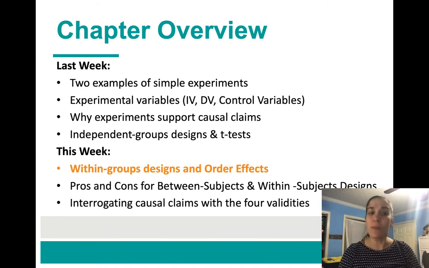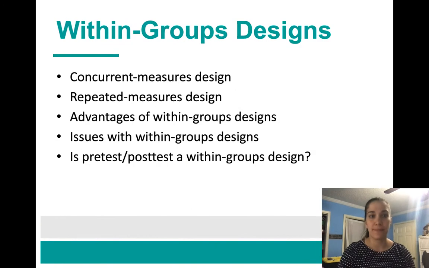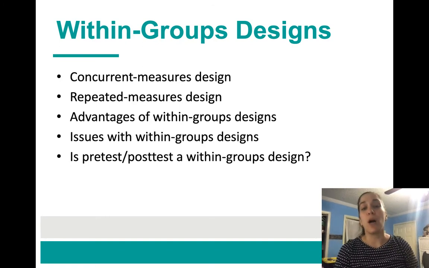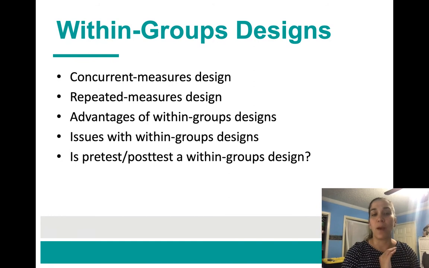Okay. So first thing, within groups design and order effects. So when we talk about within groups design, we're going to talk about either concurrent measures or repeated measures design. And we'll talk a little bit about the advantages and issues with a within groups design. And then we'll talk about whether a pre-test, post-test design is between subjects, and we'll talk about why it's not.